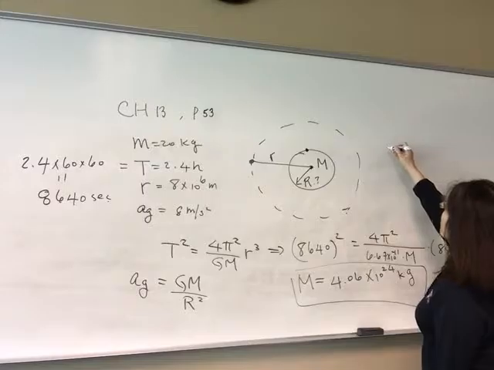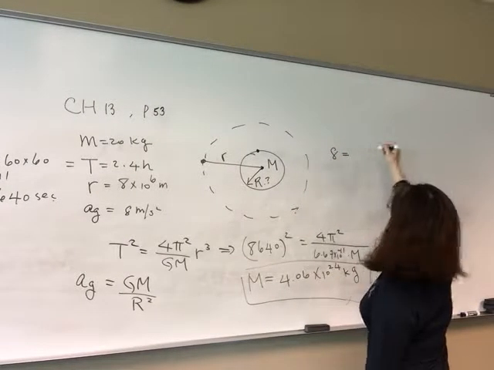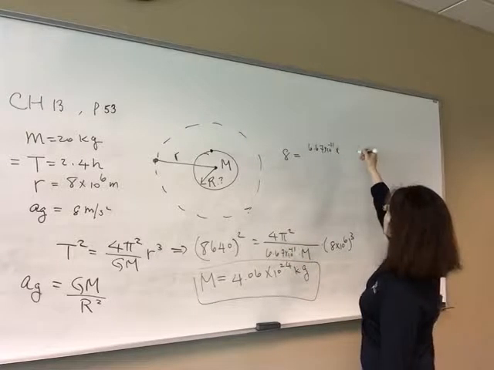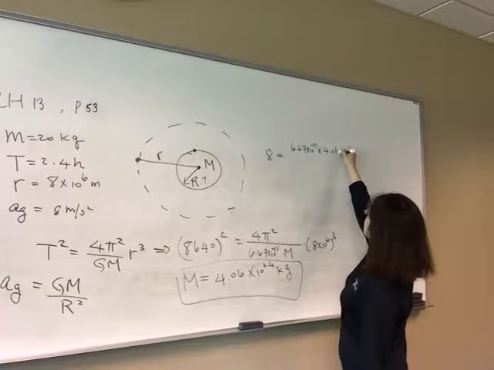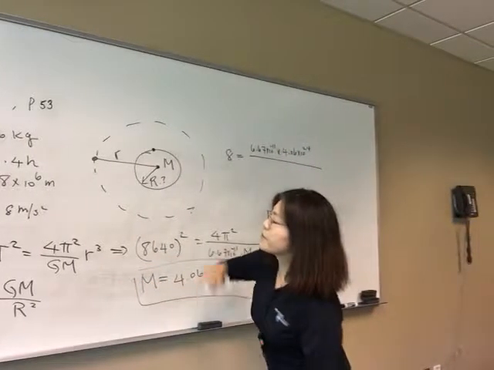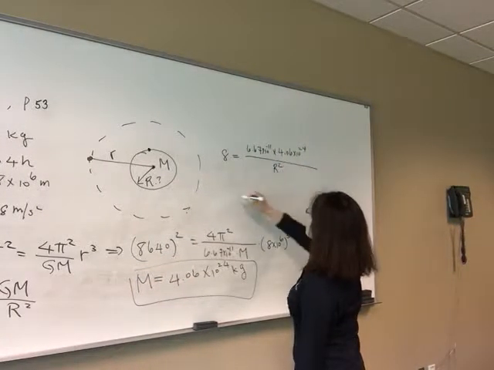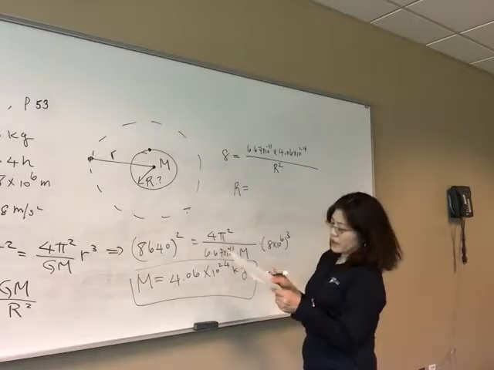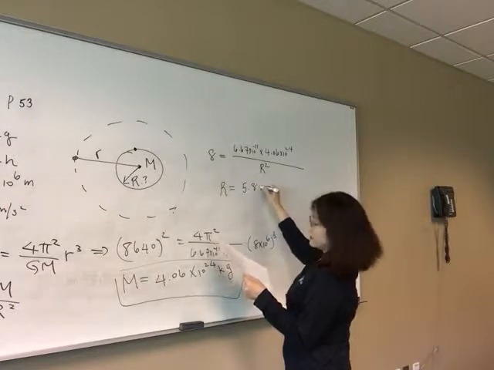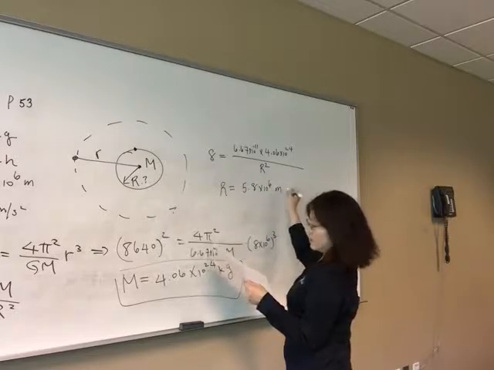So you have 8 equals 6.67 times 10 to the negative 11, times the mass, which is 4.06 times 10 to the 24th, over r squared. So what is the radius? After you do the calculation, the radius of the planet is 5.8 times 10 to the 6 meters.